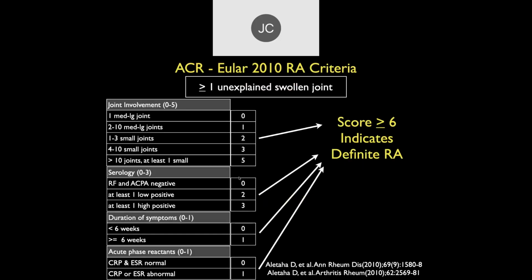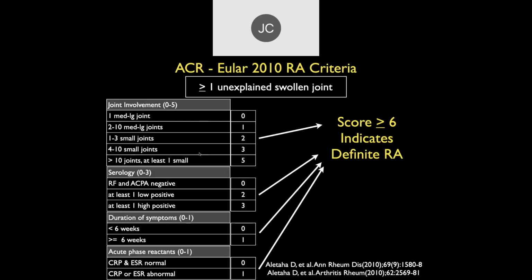So the American College of Rheumatology and the European League Against Rheumatism came up in 2010 with a new criteria for making the diagnosis of rheumatoid arthritis. It involves 4 different areas: a physical examination, which determines the number of joints involved; serologic studies, primarily rheumatoid factor but also ACPA; the duration of symptoms; and whether the acute phase reactants are positive or negative.